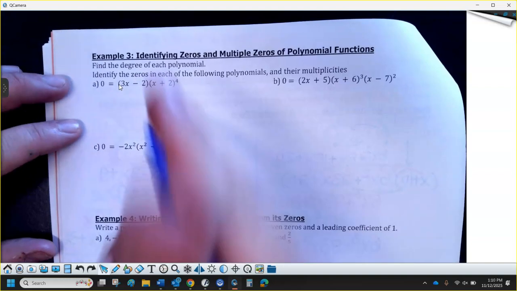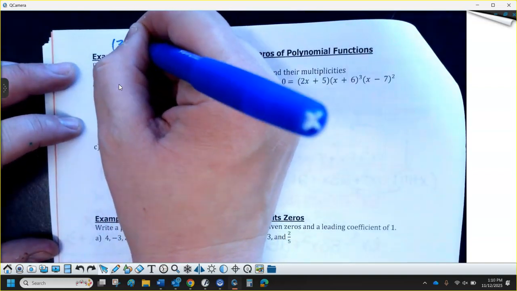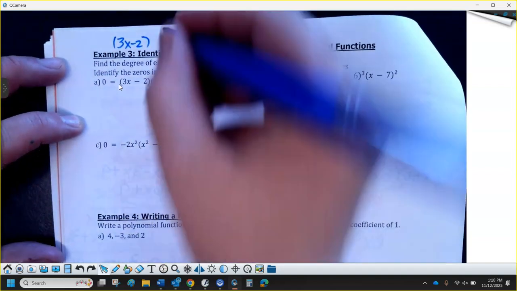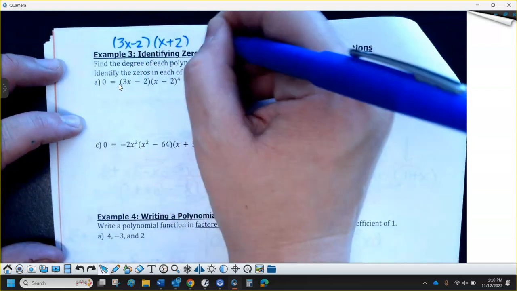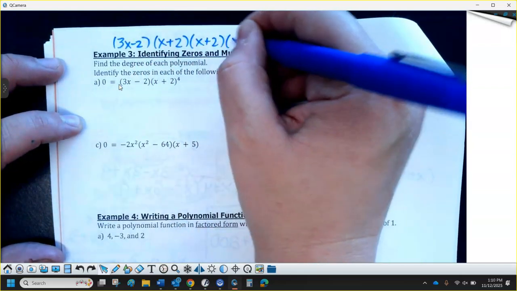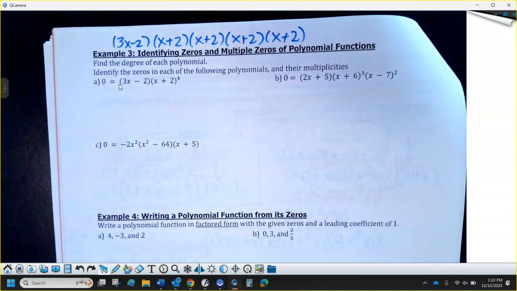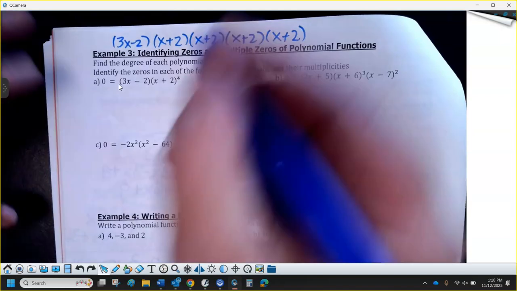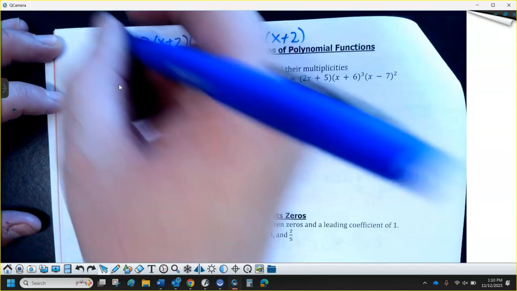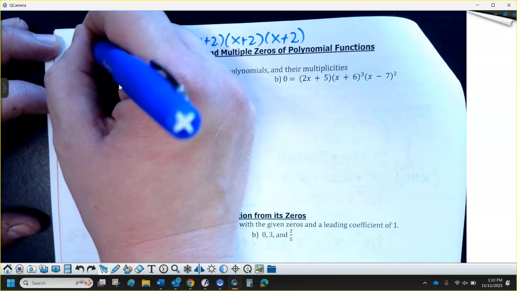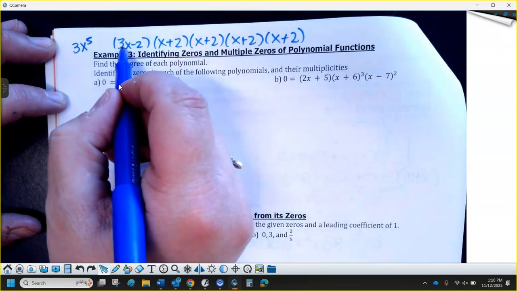So like if I had that 3x minus 2, and then we have x plus 2, 4 times. What would the first term be? What do you think? Go ahead. Yes. Okay. So the first term here would be 3x to the 5th, right? It would just be the first one.